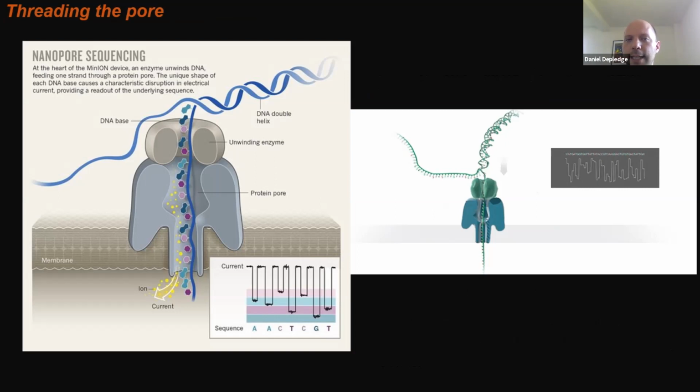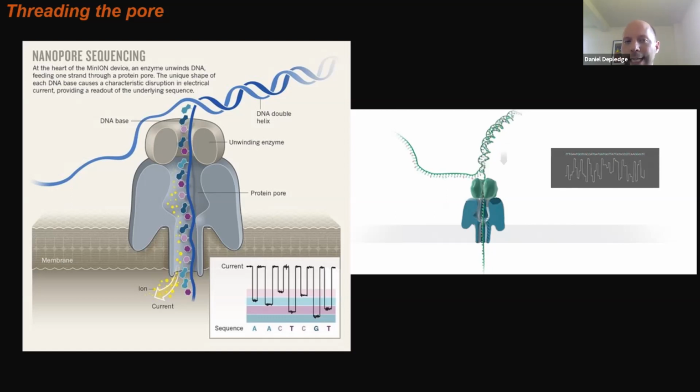Those adapters are then tethered to what's called a motor protein. And when you put it on the device itself, the motor protein is attracted to these protein pores. They will attach, and the motor protein is in fact a helicase. So it will unwind your double-stranded DNA, or it will unwind your RNA, which is generated with a cDNA hybrid.